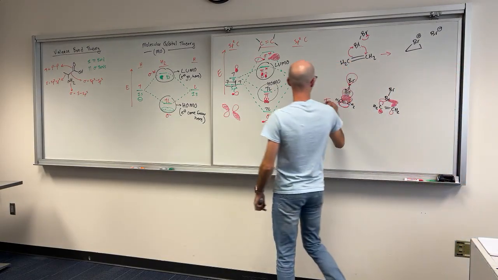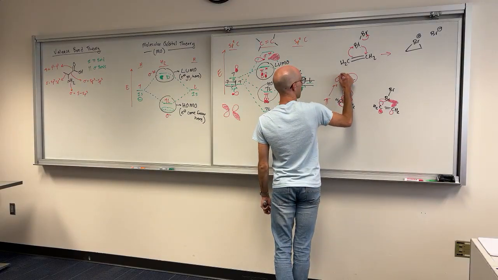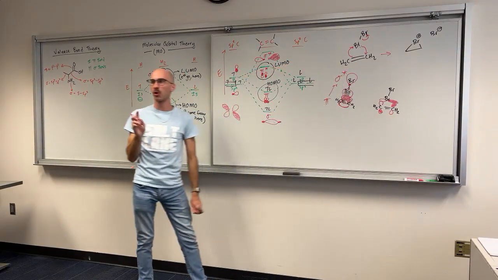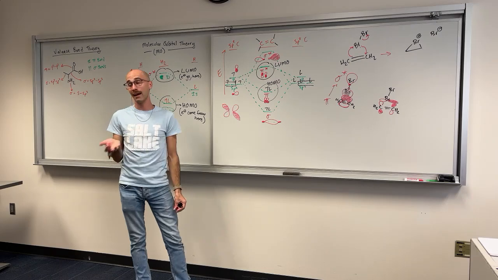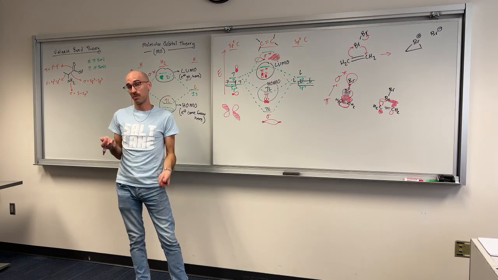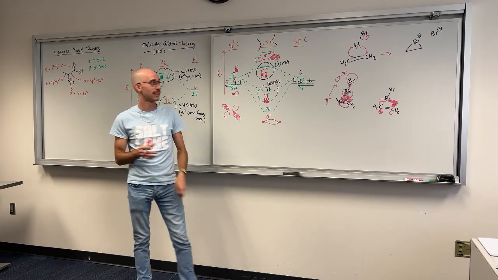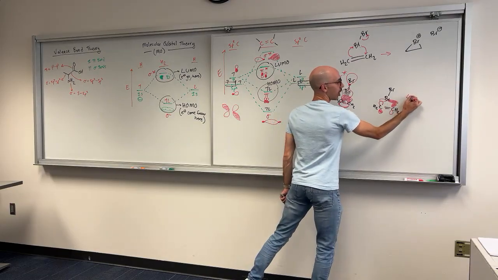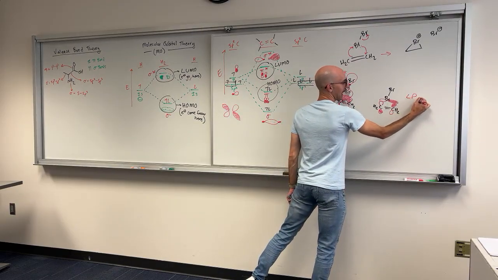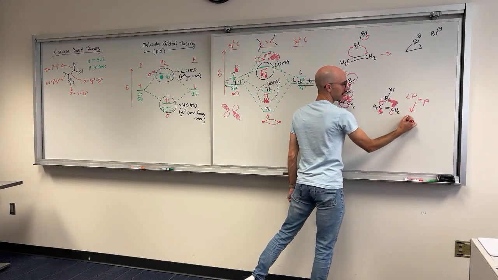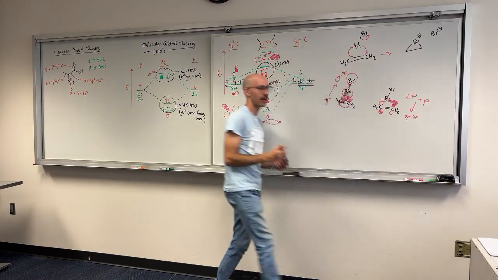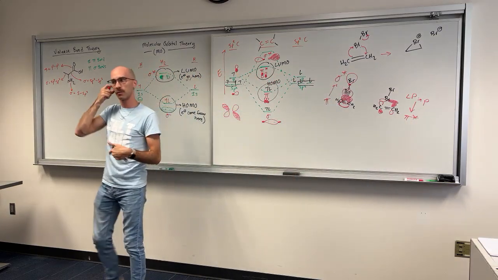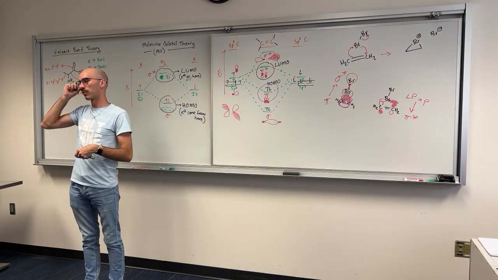Pi donating to sigma star, breaking the bromine-bromine bond, and kind of breaking the carbon-carbon double bond. And at the same time, a lone pair in a p orbital is being donated into pi star, confirming the breaking of that orbital.